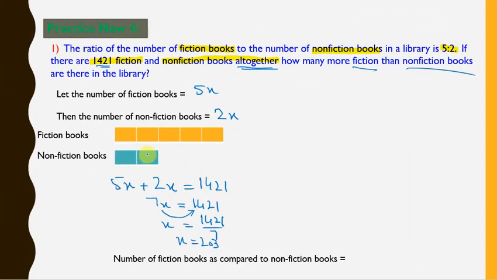So the number of fiction books compared to the non-fiction books. As you can see from the diagram, there are 3 more fiction books as compared to the non-fiction books. So we will multiply this value 203 by 3 in order to compare the number of fiction books to the non-fiction books.